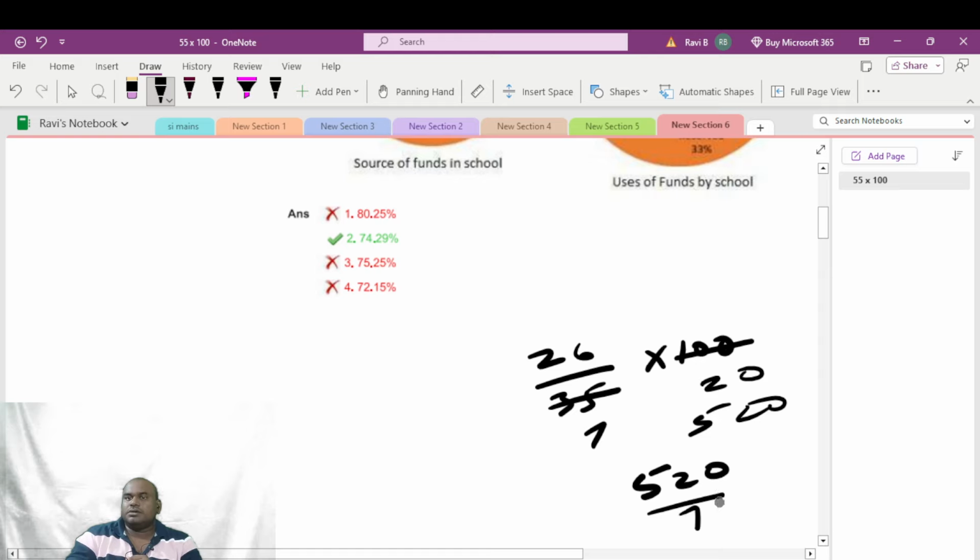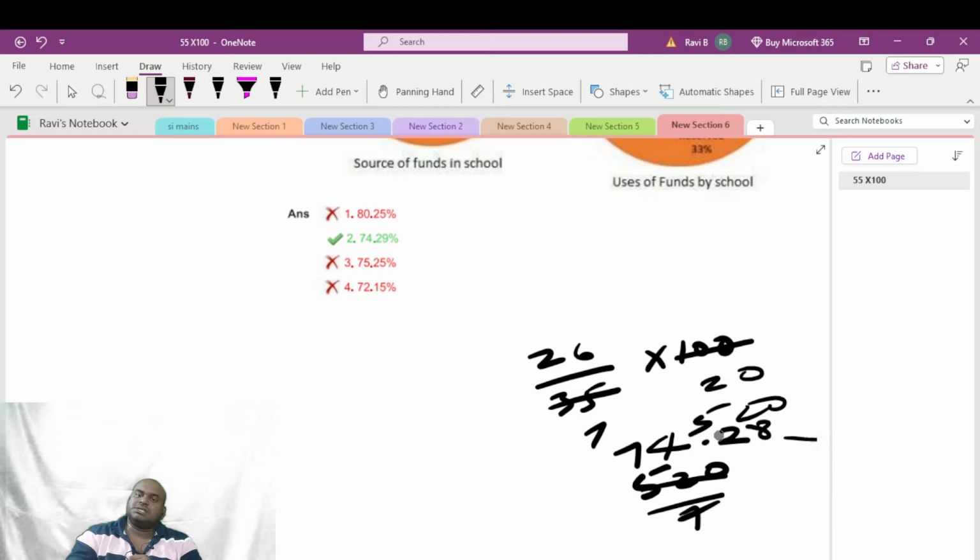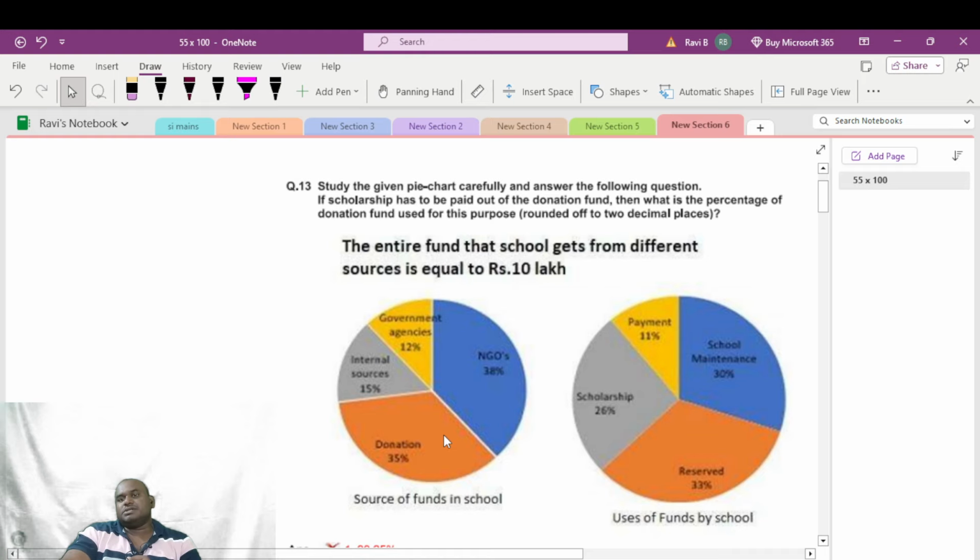Doing the division, we get 74.29. It is a simple thing. 10 lakh is obtained from different sources, out of which donation is around 35%.